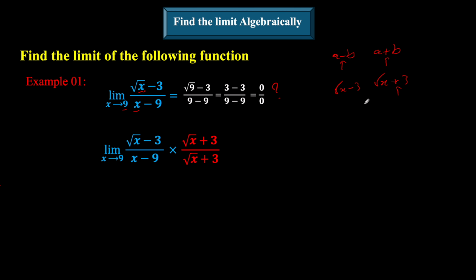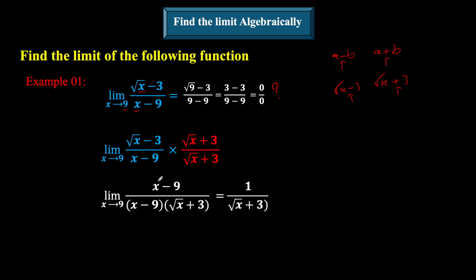What we changed is only the sign. So we multiply both the numerator and the denominator by the conjugate of the square root of x minus 3. Then we get x minus 9 over x minus 9 multiplied by the square root of x plus 3.